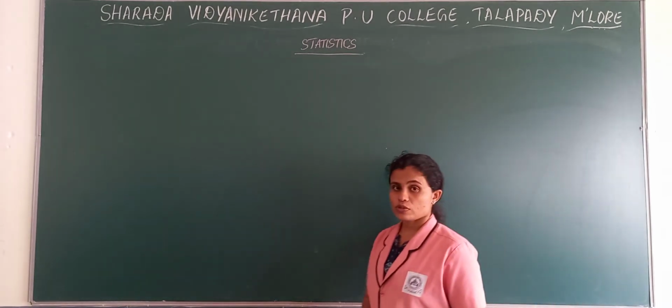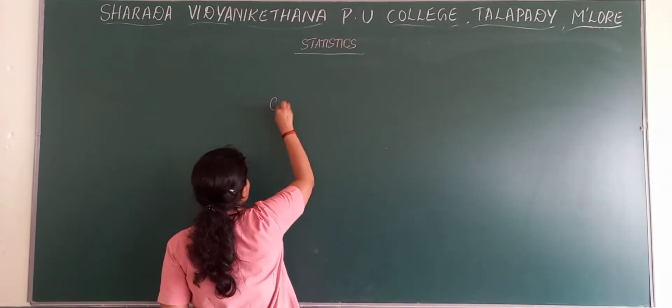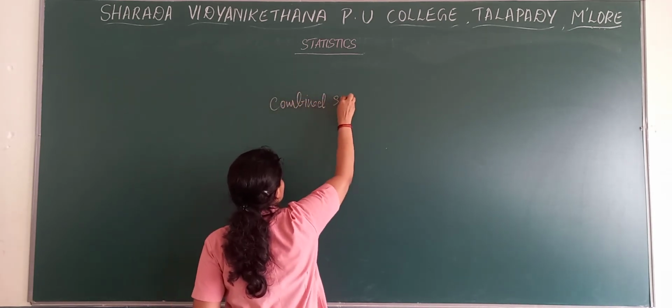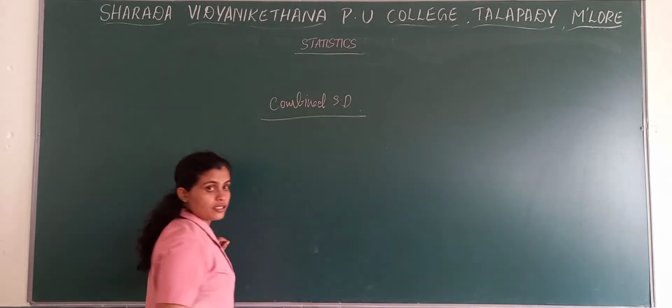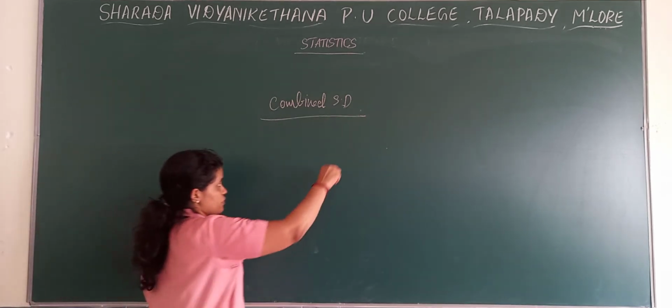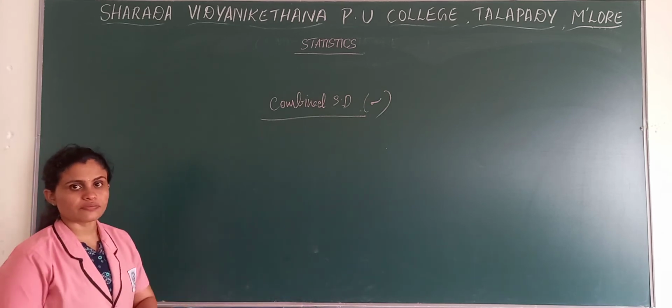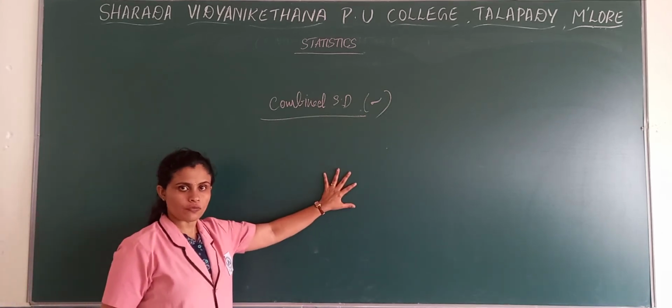As I said, there is one topic called combined standard deviation in case of standard deviation. And we have seen combined arithmetic mean when we were solving the problems of arithmetic mean.